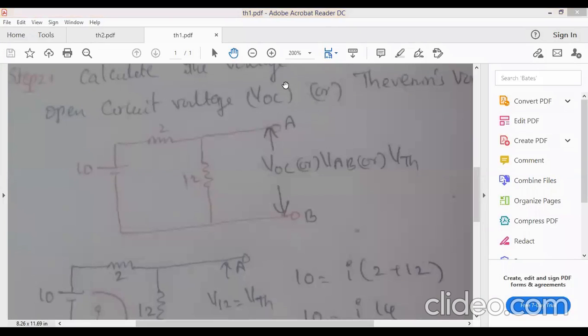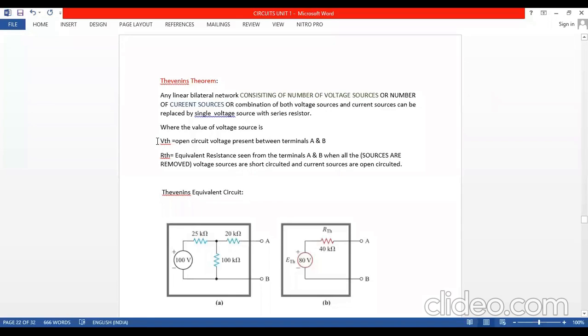Just a second. Now I want every student to be perfect with this line. What is this line written? Exactly VTH, which is Thevenin's voltage, which is also called as open circuit voltage, which is actually present between which terminals? All the students? A and B.